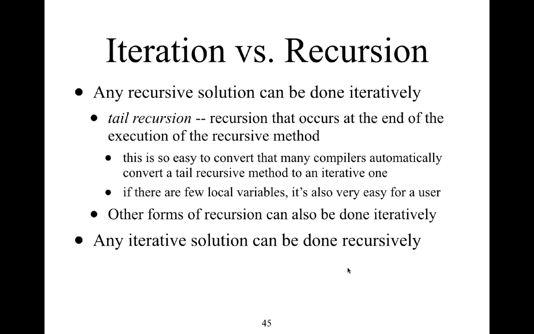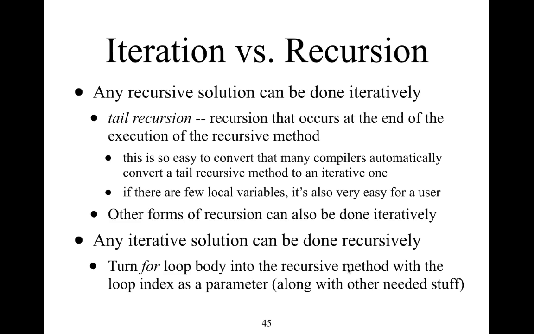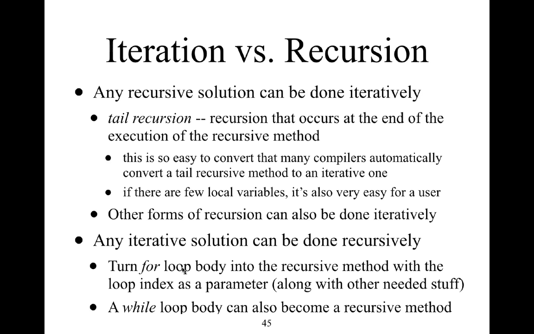And certainly any iterative solution can be done recursively, although it's probably not convenient. All we have to do is turn the for loop body into a recursive method with the loop index as a parameter, along with all the other parameters that that loop index might need. Generally, this is not desirable. You want to think of recursive solutions naturally, not as a method of implementing a naturally iterative solution.